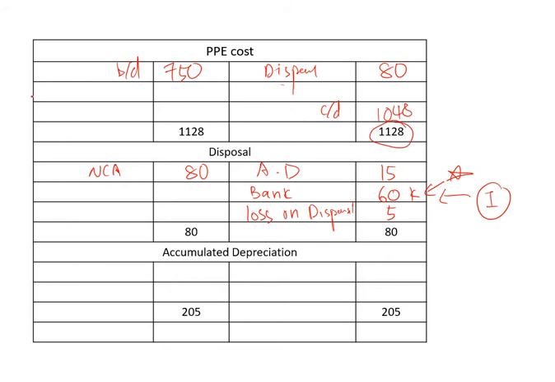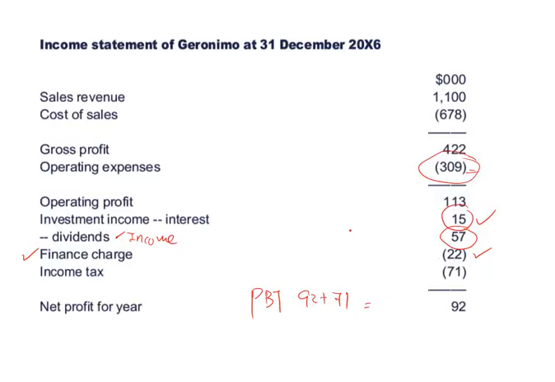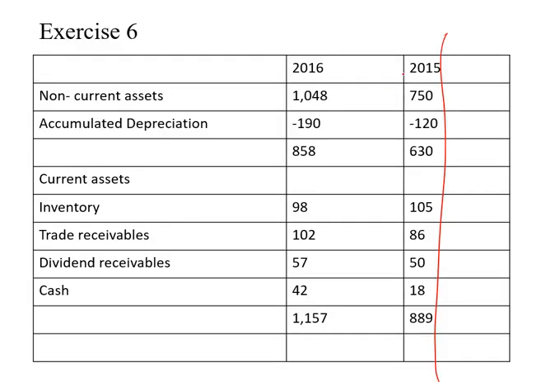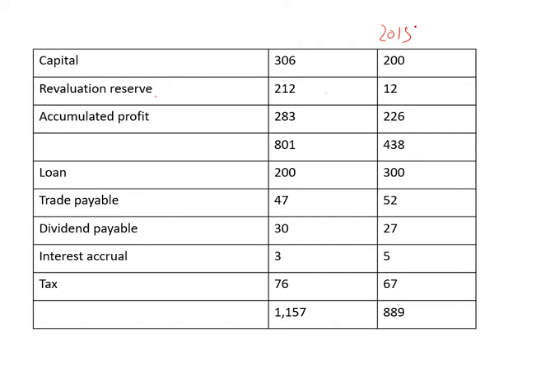Now, just now you remember I mentioned you have only two things, right? Either it's cash or bank, where you buy a new asset, or it's a revaluation. So you need to check, do you have revaluations or not? From your financial position, you should be able to see. Is there any revaluation? Yes. Compared to last year, this is 2015, here is 2016, right? Compared to last year, increased 200.